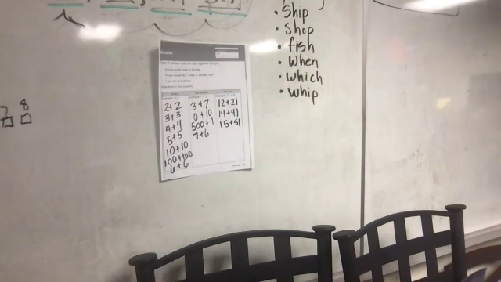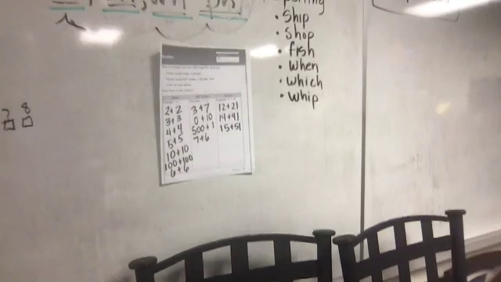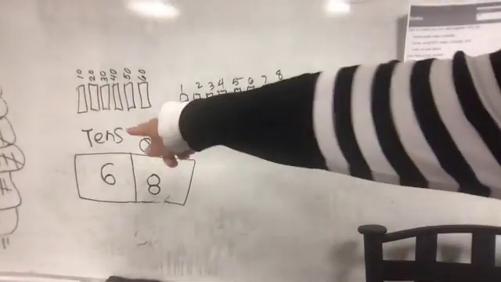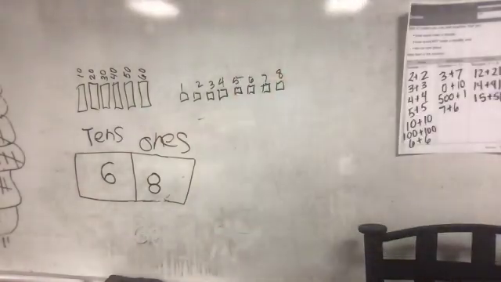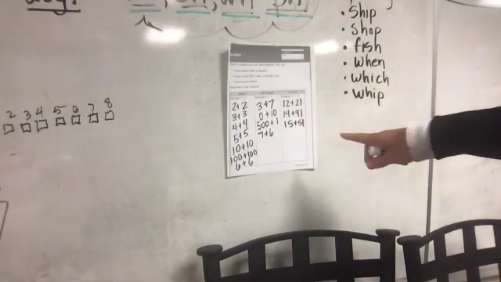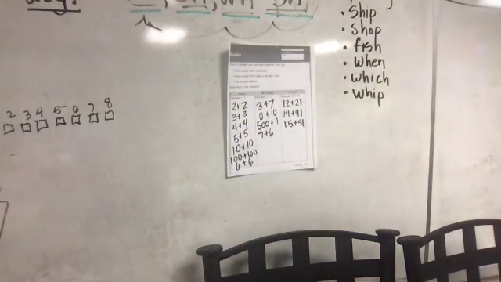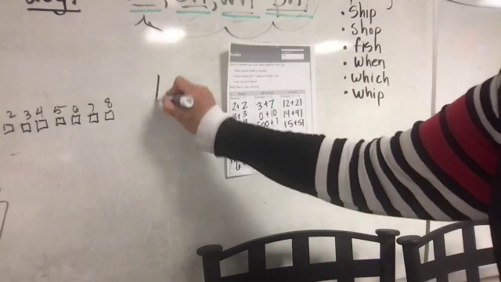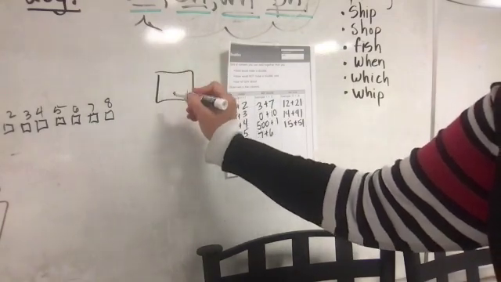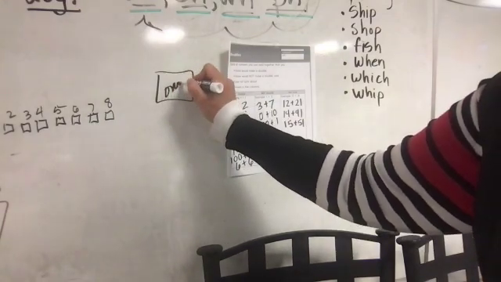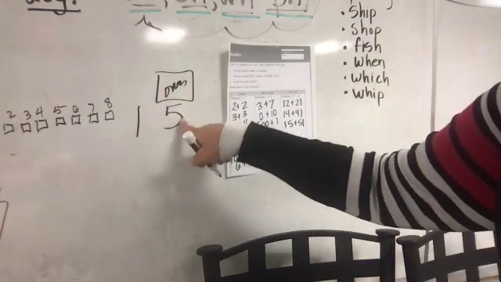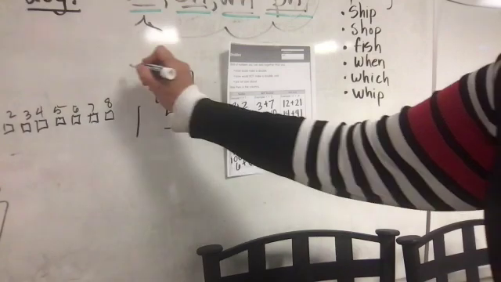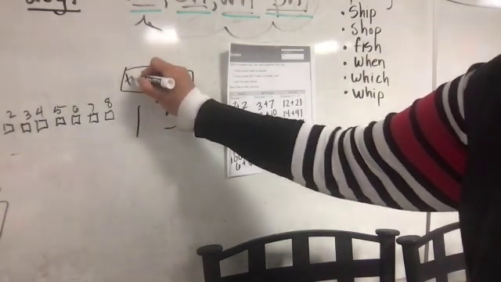But if you look at it very closely, now remember in the mornings we talk about numbers that are in the tens column and the ones column. We notice that these numbers are different. For number 15, the 5 is in the ones column, and the 1 is in the tens column.